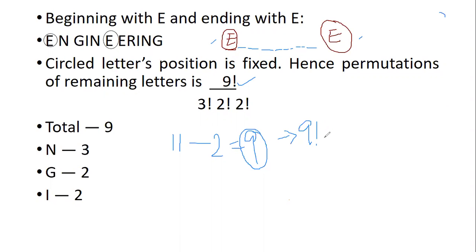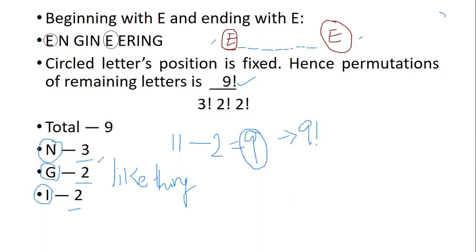Now after the numerator part, we have to check the like things. Like things means things which belong to the same category, which are the same or similar. Now in the word engineering, we have N, which is repeated 3 times, G is repeated 2 times, and I is repeated 2 times.